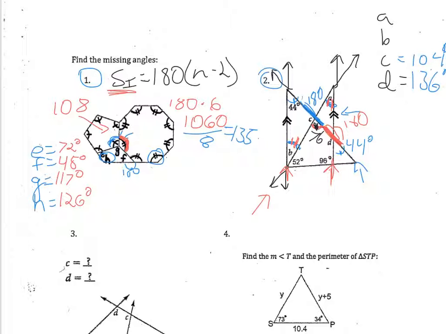And so we know that the measurements of a triangle are equal to 180 degrees in total.